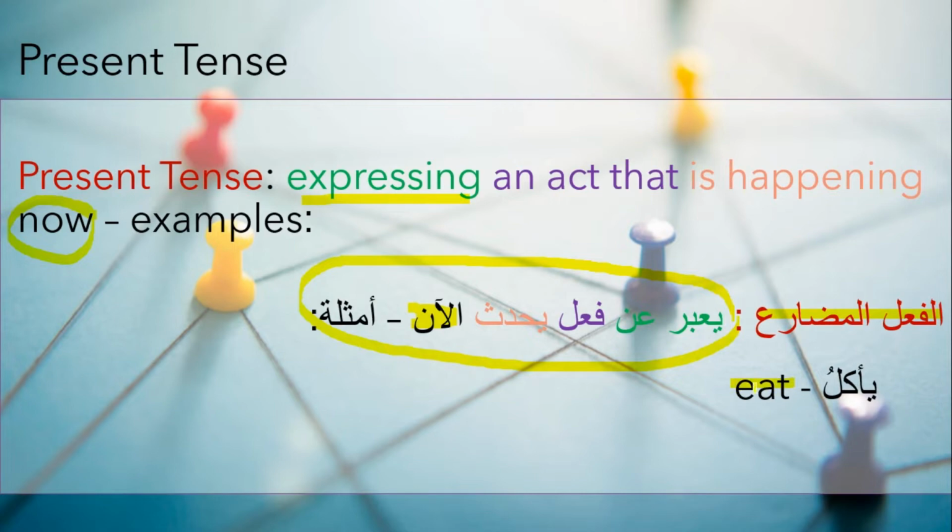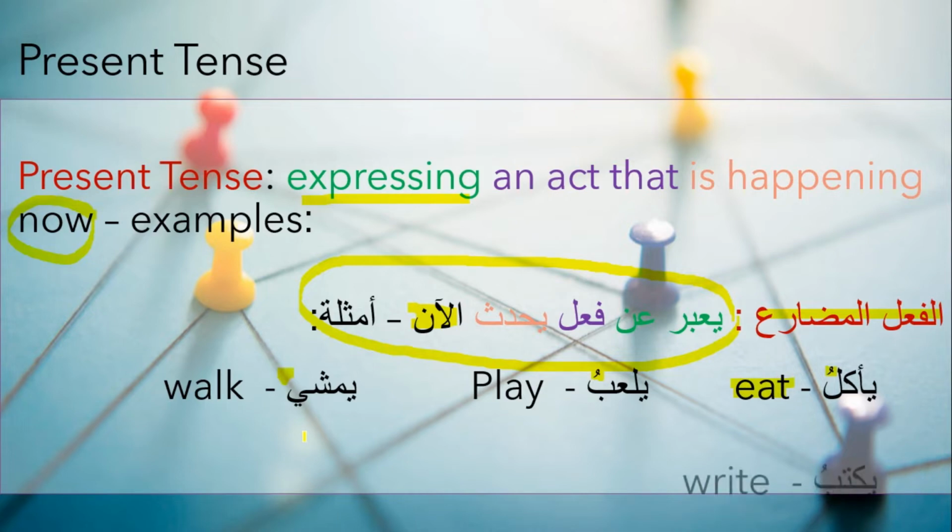So we will have some examples here. يأكل. Just try to notice that I'm using the diacritical marks here because we had a full lecture about the diacritical marks, and we will be repeating that all over our trip here to learn this Arabic language. So يأكل, يلعب, يمشي.